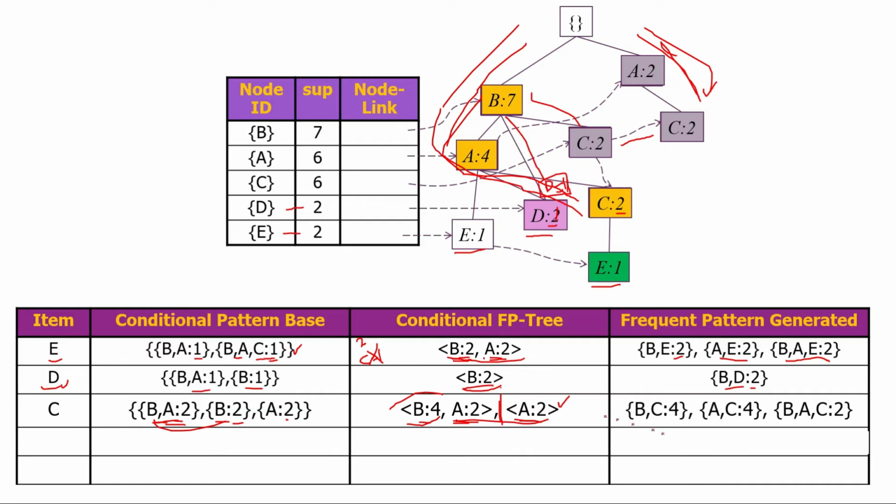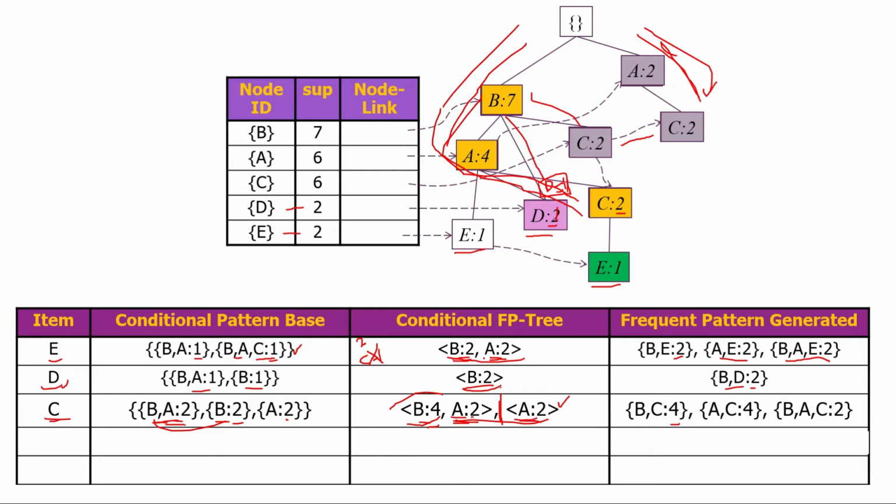So after that we need to construct the frequent patterns from this conditional frequent pattern tree and making joins of these with the source item. So BC we get 4, then for AC we get 4, like this.